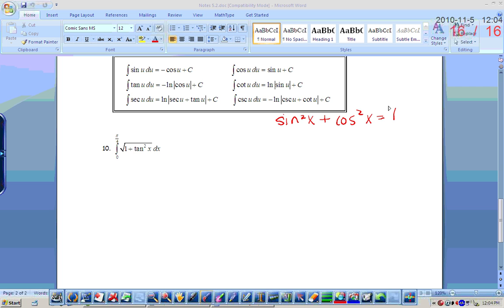I do not have the other two memorized, but I know how to derive them, and that is to divide the big daddy by sine squared. If I divide everything by sine squared, I have 1 plus cotangent squared equals cosecant squared. Y'all cool with that? And if I go back to the big daddy and divide everything by cosine squared, then I have tan squared plus 1 equals secant squared.